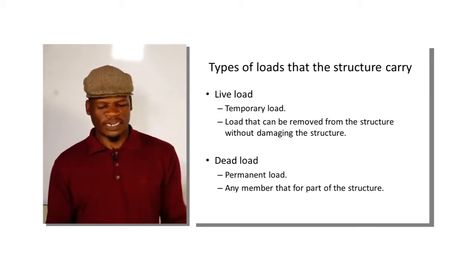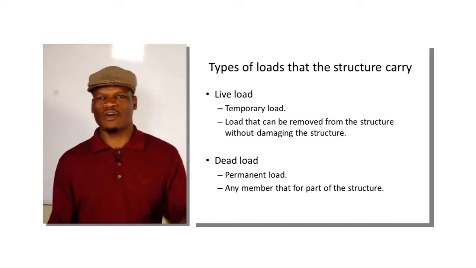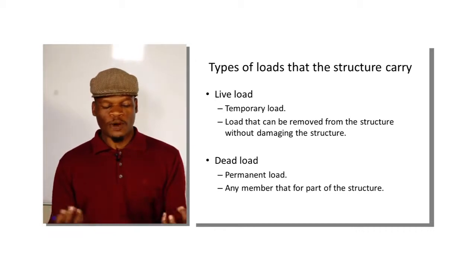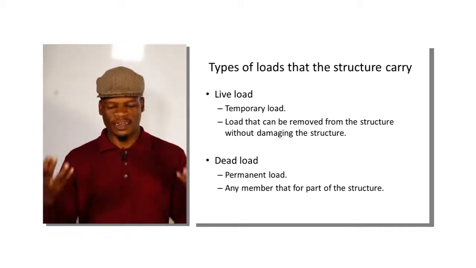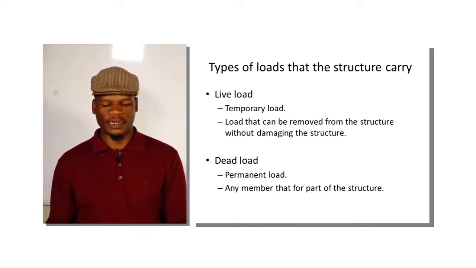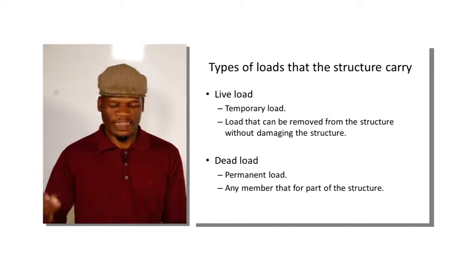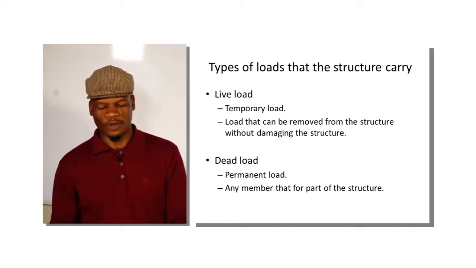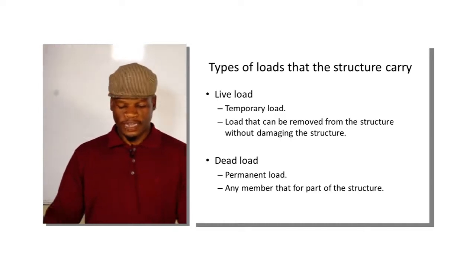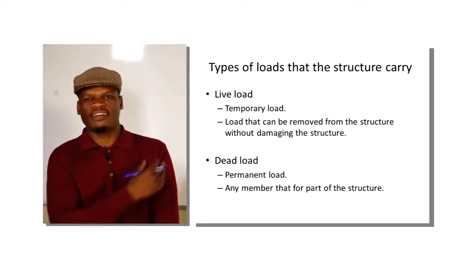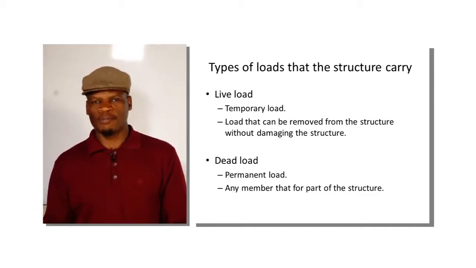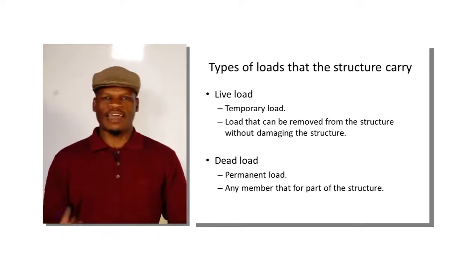In terms of construction, the rain, the wind, the storms, they don't remain on the structure. They come and disappear. When we talk about the dead load, it's the permanent structures. That means if you take that member out of the building, the structure is going to collapse or be affected. For example, if I said I don't want to use this left arm today because I can only use my right arm to write, I cannot leave this arm at home.